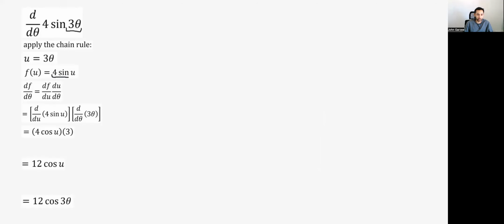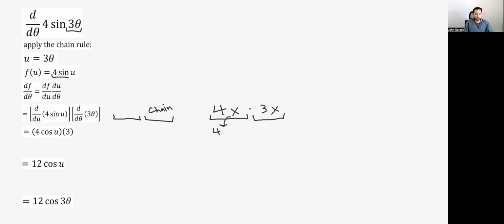Basically, what you do is take the derivative of 4 sine and then the derivative of 3 theta, which is the chain, the inside part. For the derivative of 4 sine, think about sine as being the x. I'm going to rewrite this as 4x times 3x. That looks a little more familiar, right? If you were to take the derivative of 4x, it would be 4.